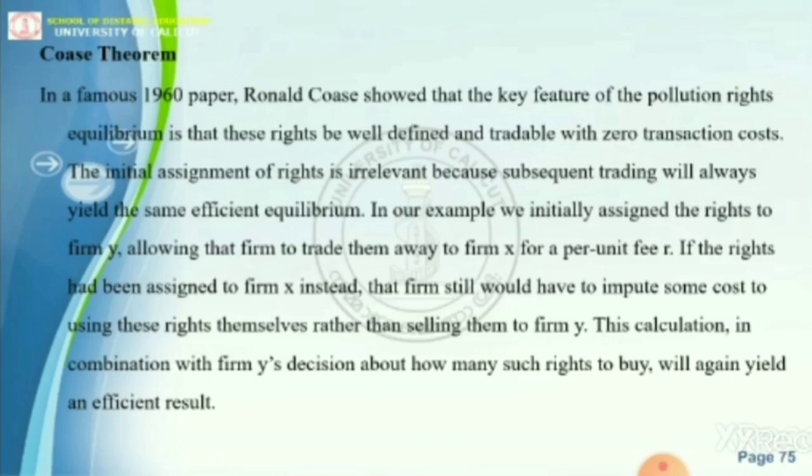In our example, we initially assign the rights to firm Y, allowing that firm to trade them away to firm X for a per unit fee R. If the rights had been assigned to firm X instead, that firm still would have to impute some cost to using these rights themselves rather than selling them to firm Y.